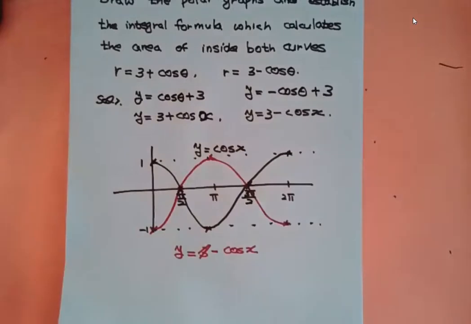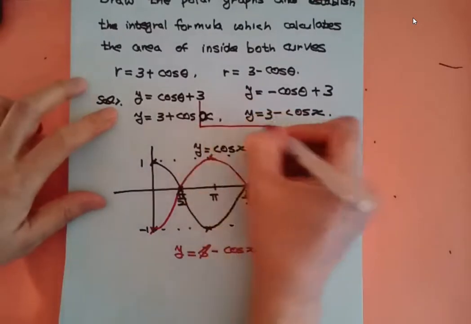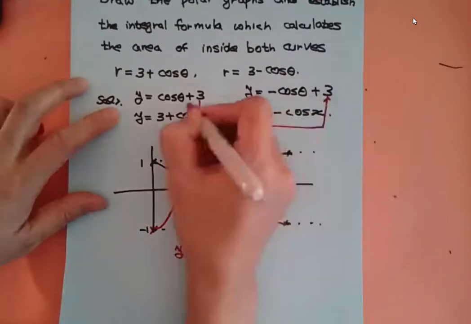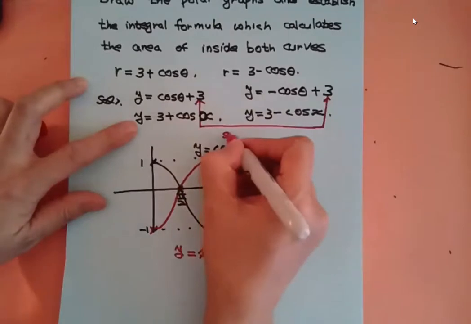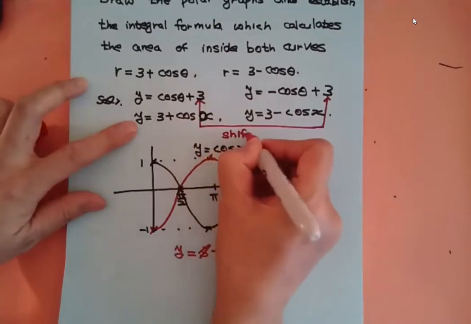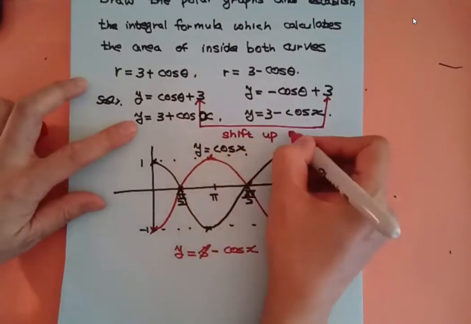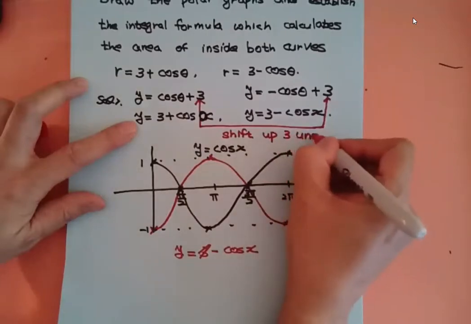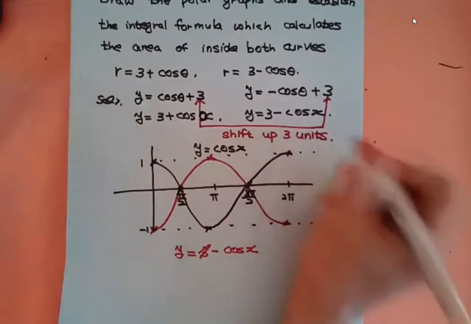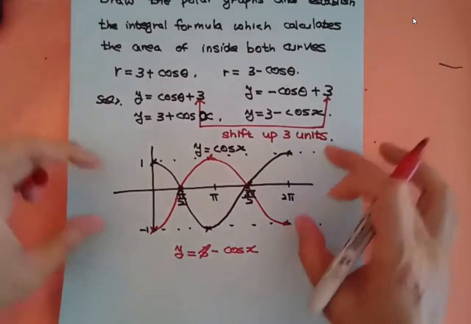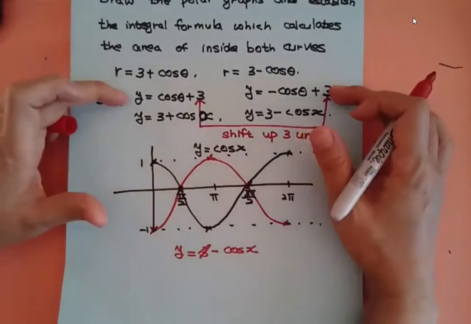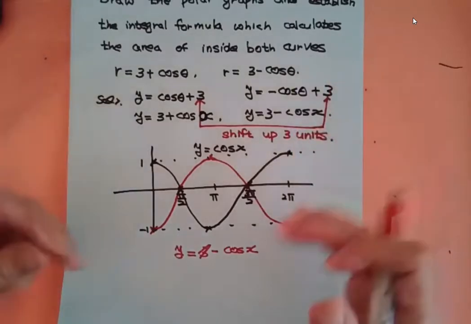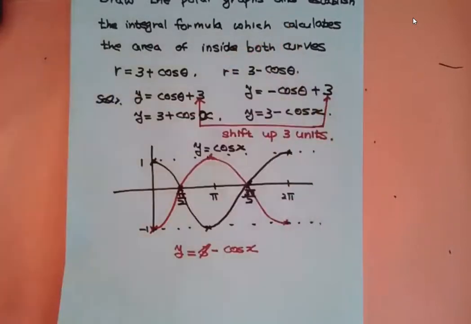So when 3 is added, that means shift up 3 units. So to graph the given graph, we will just push upward 3 units.